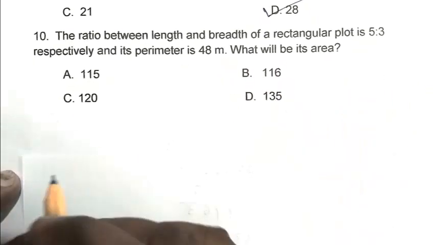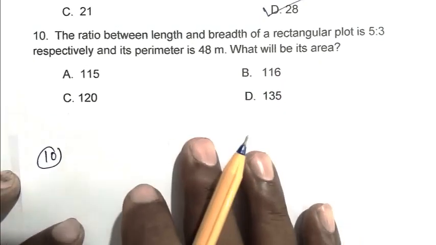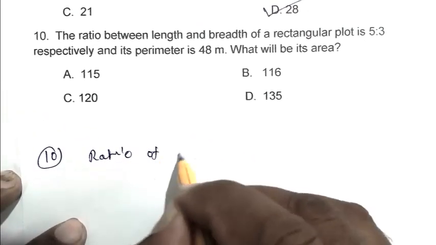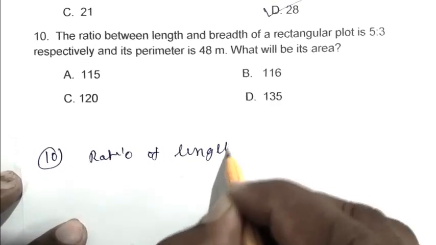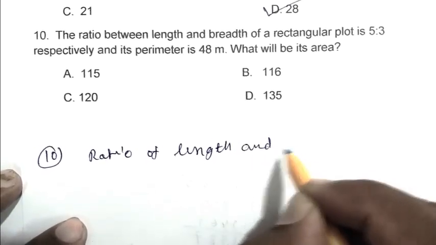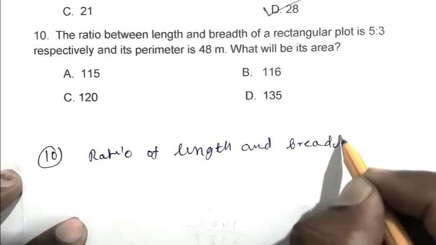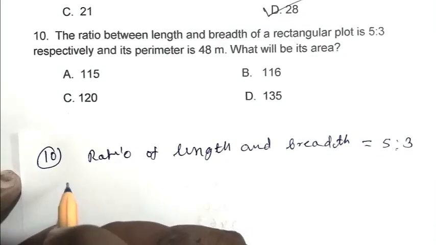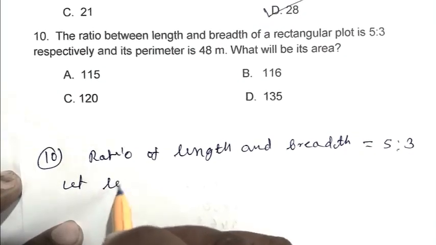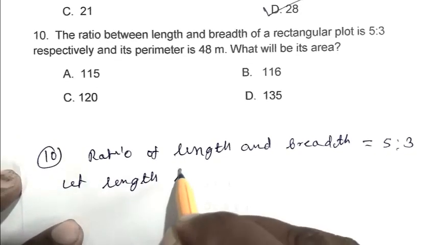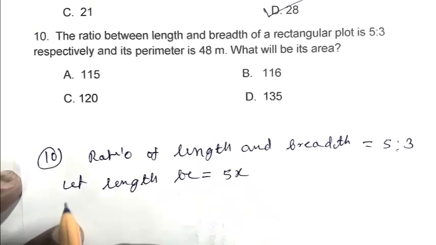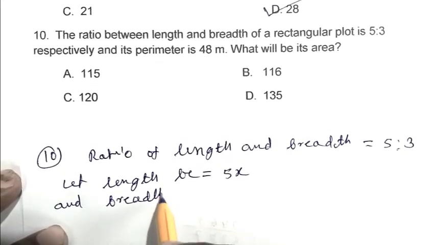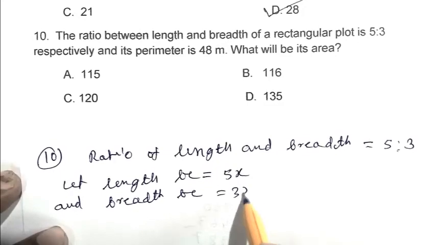So the ratio of length and breadth is 5:3, that is let length be 5x and breadth be 3x.